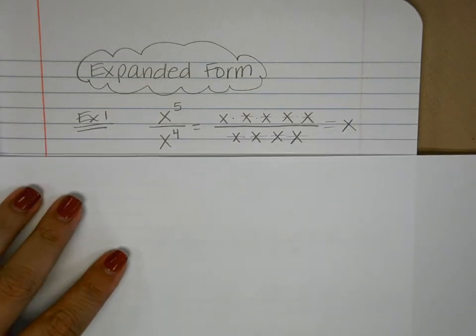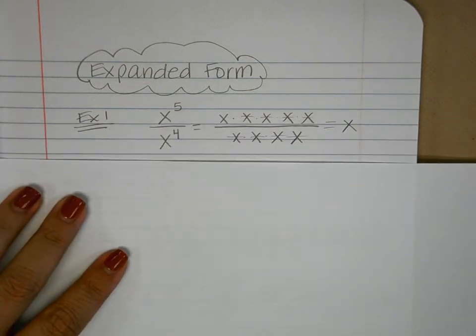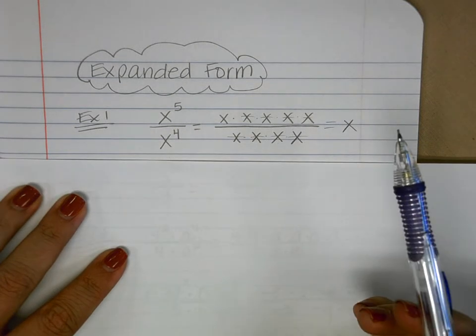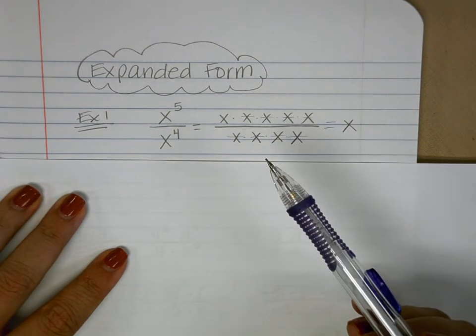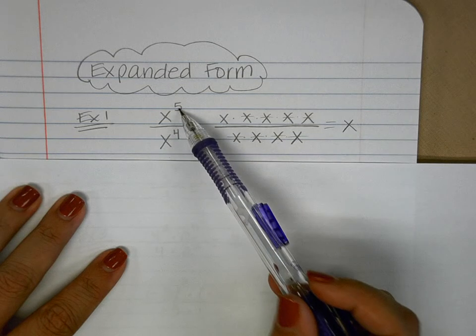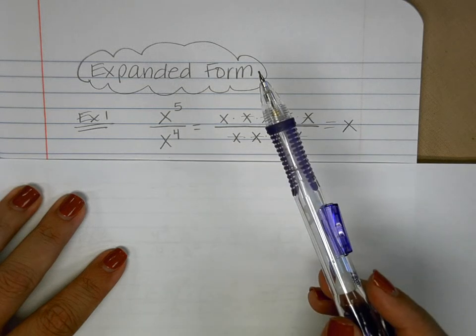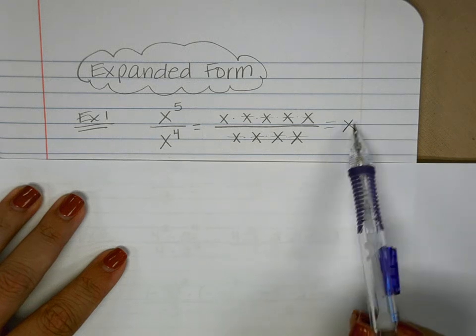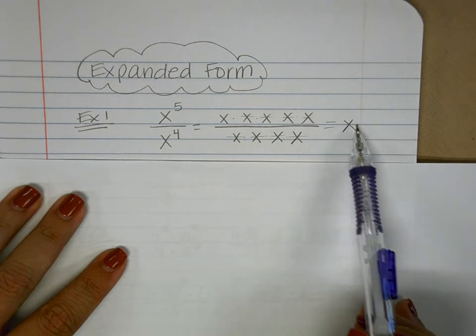The first one, keep it simple, is x to the 5th over x to the 4th. So we would subtract these, right? 5 minus 4 is 1. And look at my answer. My answer over here is x, so that's x to the 1st power, right? This is how you do this.